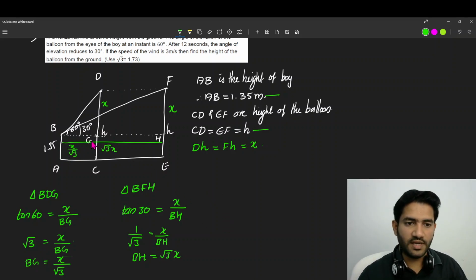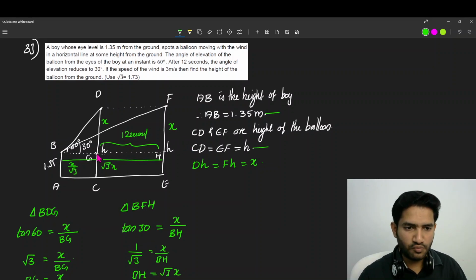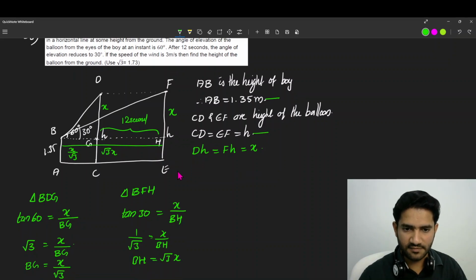From here we can find the value of GH, this portion, after 12 seconds. It is given that the balloon moves from G to H after 12 seconds, and the speed of the wind is 3 meters per second.